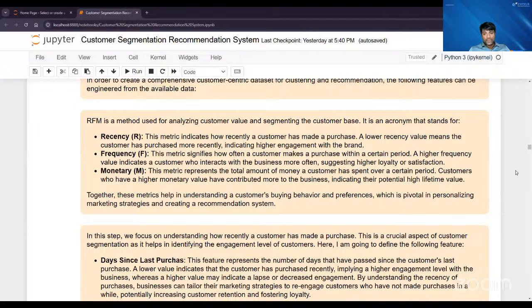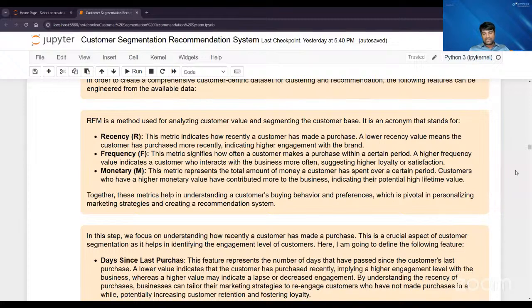Then comes the frequency, which shows how often the customer is buying, how many times he buys a particular product. A higher frequency means he is a very loyal customer and is showing a lot of interest in that product. When the company groups these kinds of people, they can identify that these people have a lot of interest in buying our product.